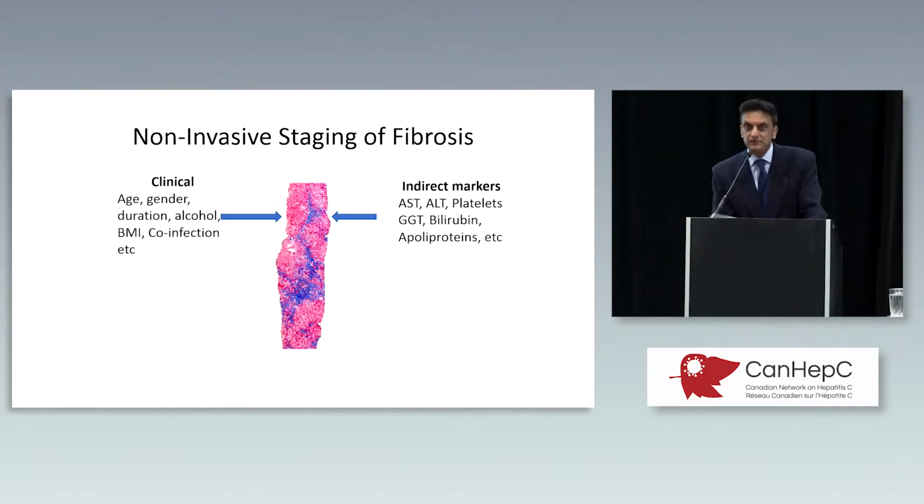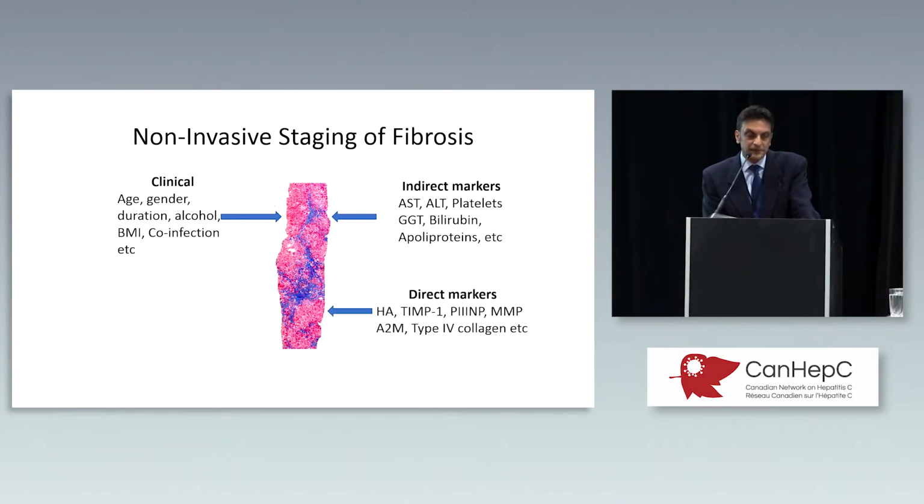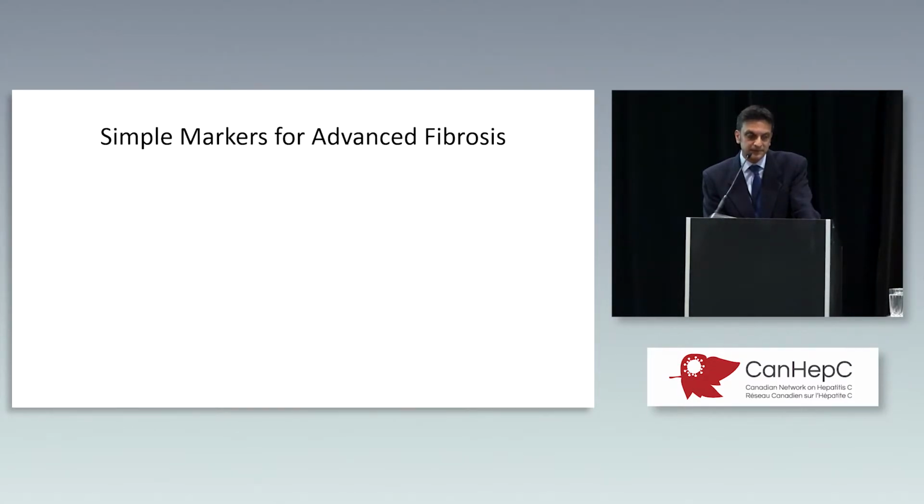We take into account these simple markers, which many of us get as part of routine clinical practice. Apolipoprotein is a little bit more sophisticated, but again, routinely available. Or we can pay for some of these more direct markers, which reflect extracellular matrix remodeling and turnover. And then we have newer imaging techniques as well. So these are, broadly speaking, the basis of non-invasive staging of fibrosis.